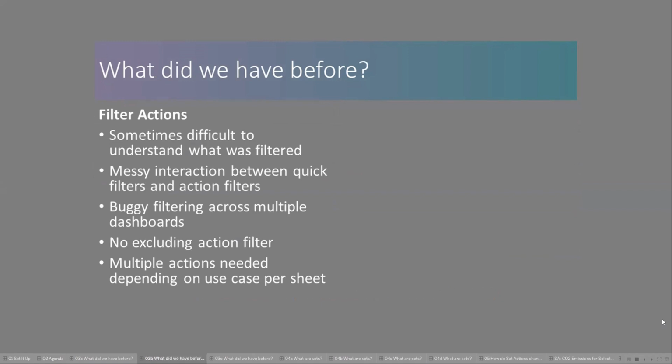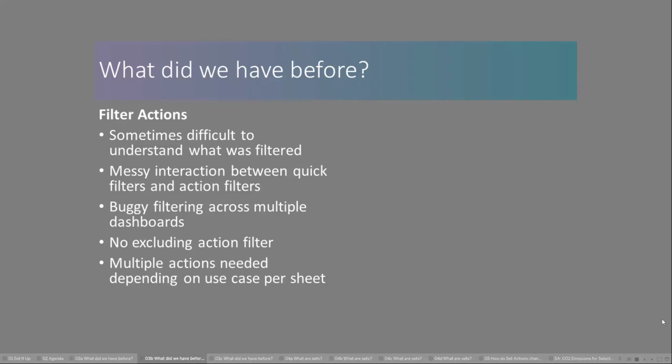And interaction between quick filters and action filters can be messy, even if you synchronize them. Filtering across multiple dashboards using filter actions could bring out bugs at times. Users were unable to use filter actions to exclude the selected values rather than include them. And depending on your use case, you would need multiple actions per dashboard.